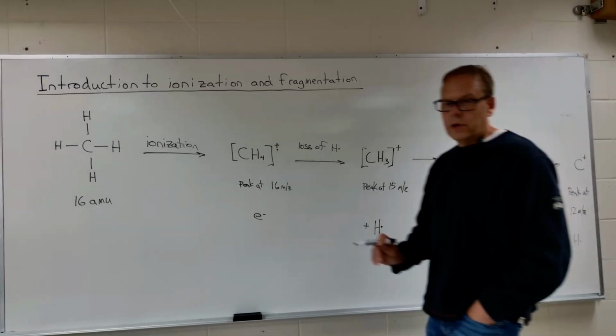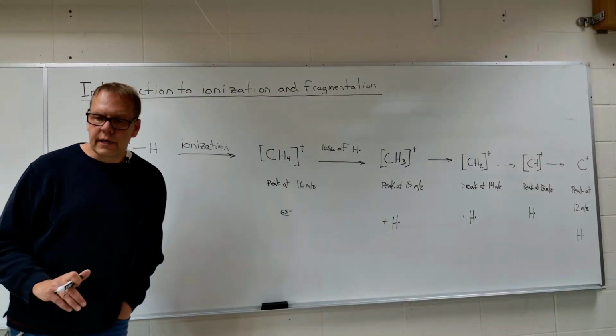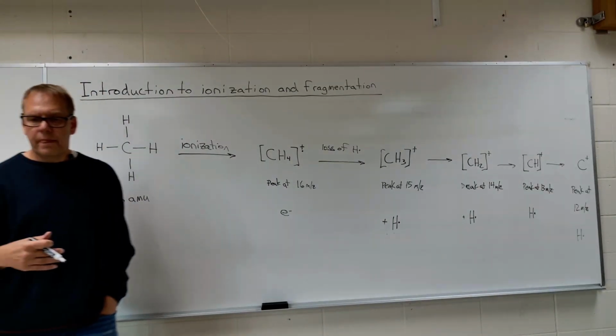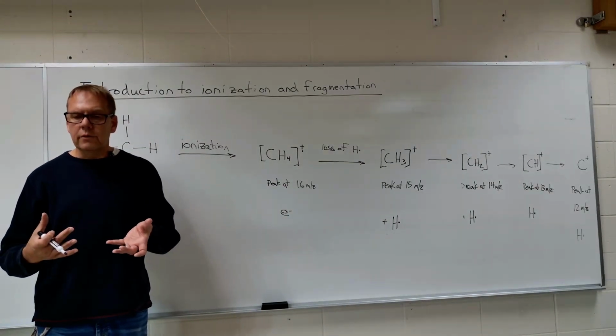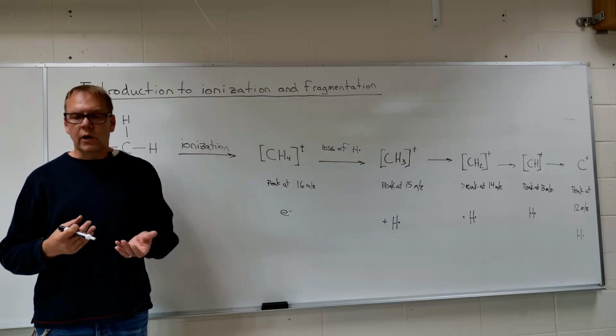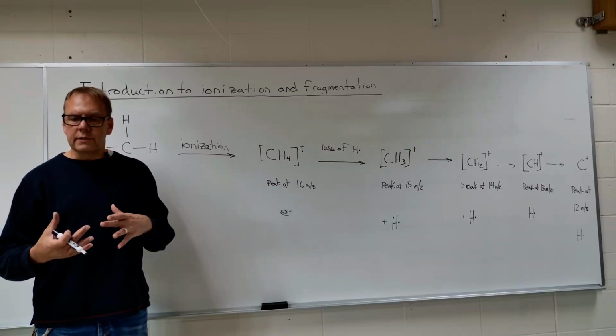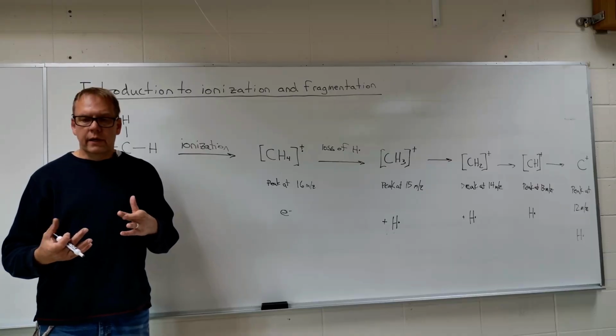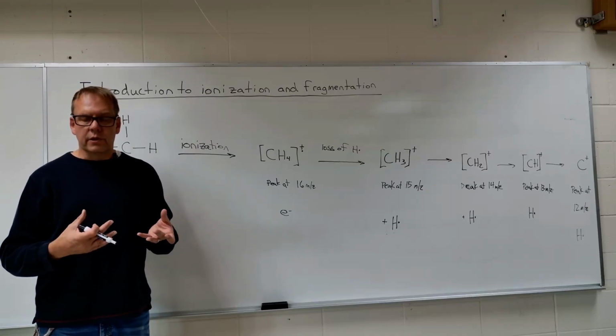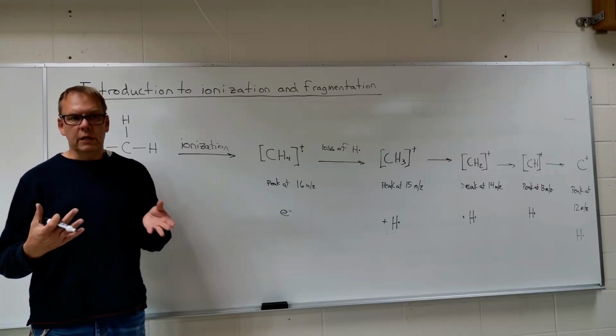So we're going to see this fragmentation process play out with bigger molecules, and the fragmentations are going to be more complicated than H dots floating away, carbon pieces breaking off and floating away. But this is an introduction to explain how it works and to explain why mass spectra have so many peaks.